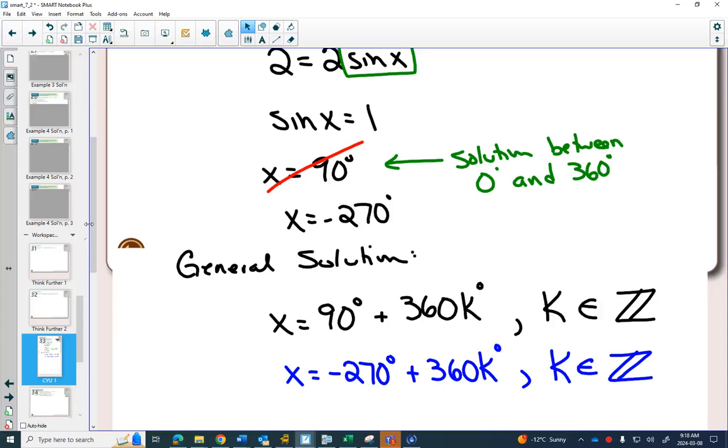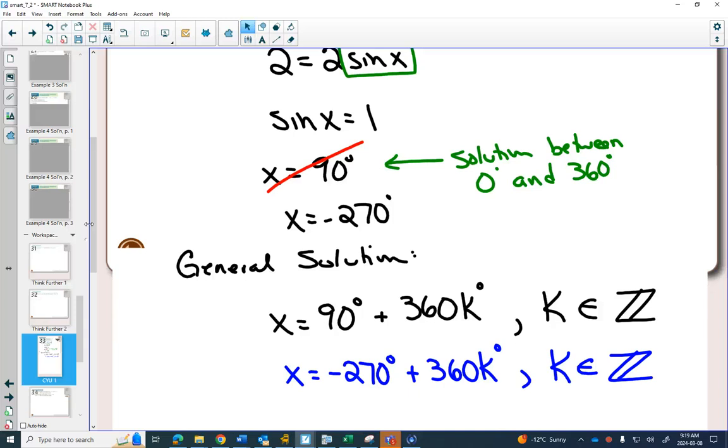Because k could be positive or negative, you could either add or subtract and get them all. 90 degrees says start at the top and then list them all. The second one in blue, negative 270, says start at the top and then list them all. So these are exactly the same. It's just how we describe the first one that we're starting with.